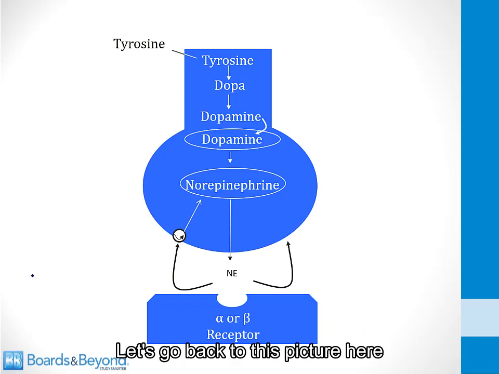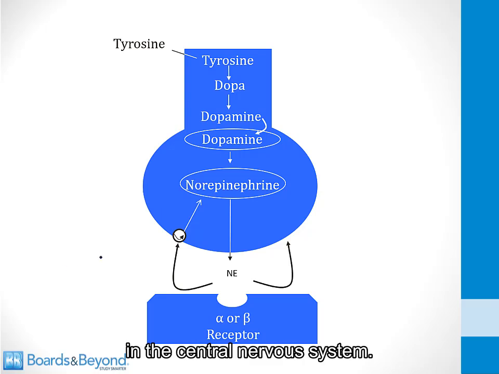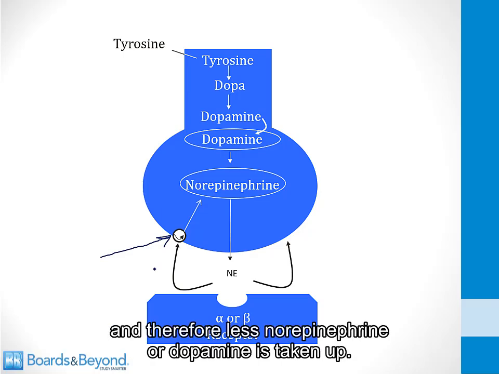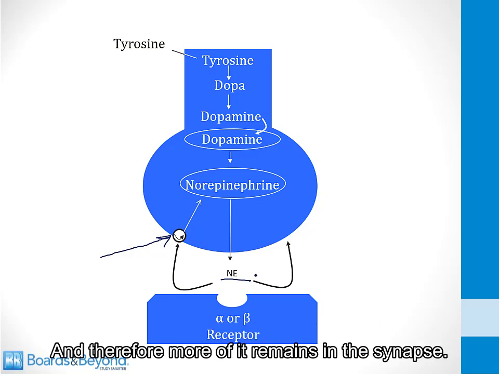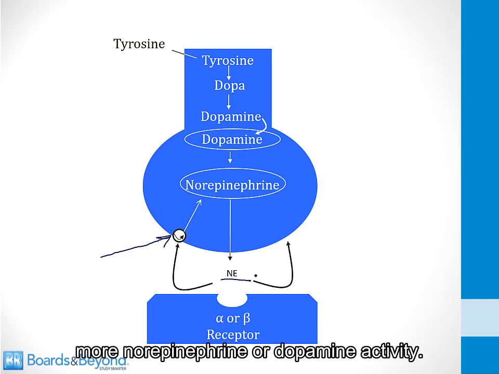Let's go back to this picture here, and let's imagine that we're looking at a neuron in the central nervous system. Amphetamines compete for this reuptake pump here, and therefore less norepinephrine or dopamine is taken up, and therefore more of it remains in the synapse, and what you get in the brain is generally more norepinephrine or dopamine activity.